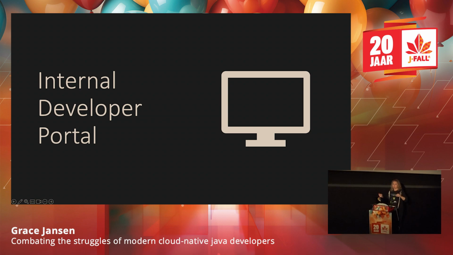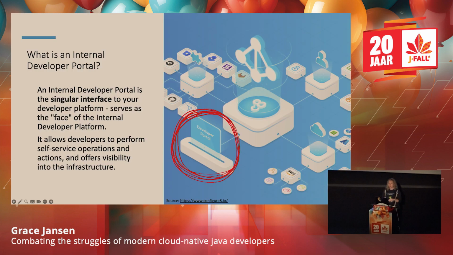Now I'm going to talk about the portal, which is different, so it's important to separate these 2 concepts out. The portal is this front-facing aspect in this diagram here, so it is a separate component to the IDP itself. This is really the interface or the face through which we can interact with the IDP, and it allows us to access and discover all of the capabilities that our IDP enables. So it allows us to have that self-service element to it and an easy single UI to be able to access all of those capabilities within it.